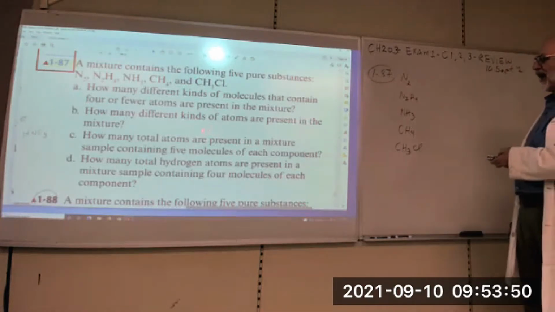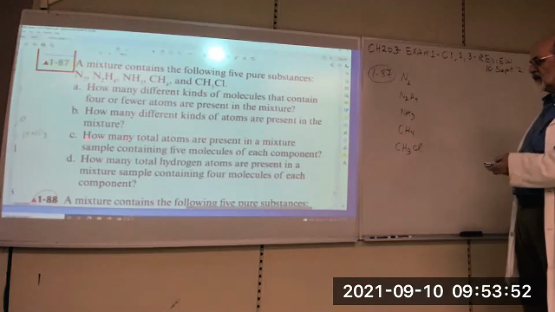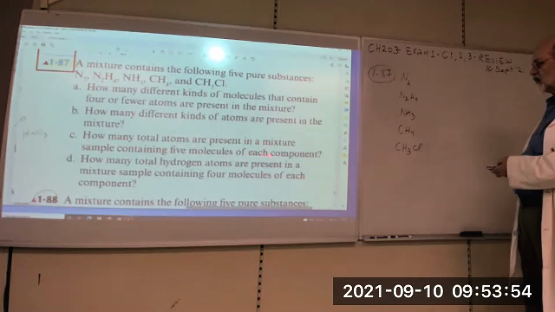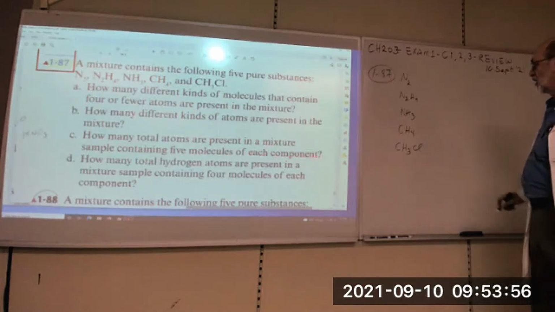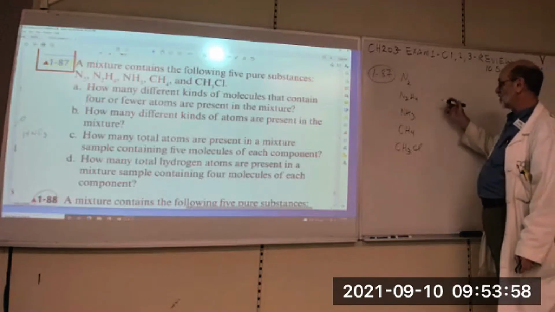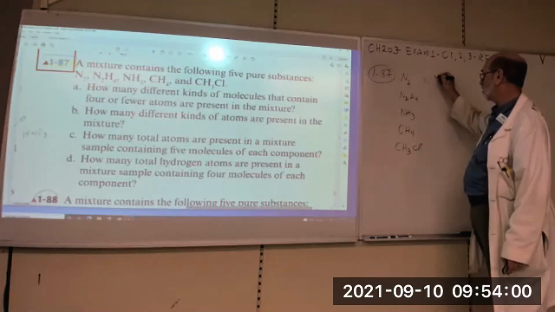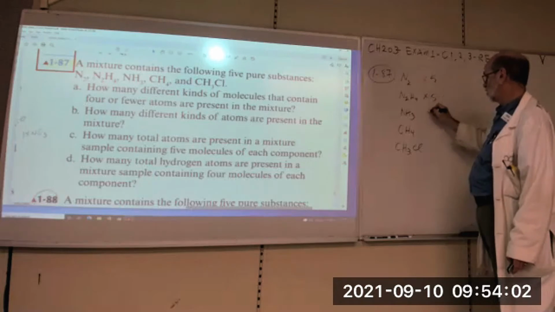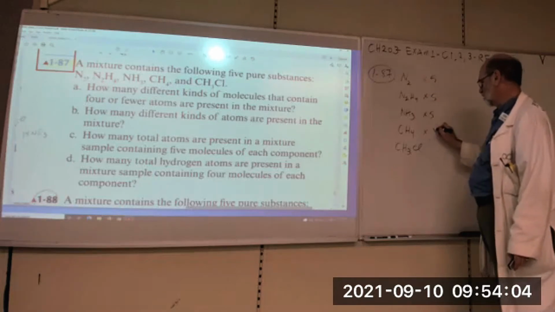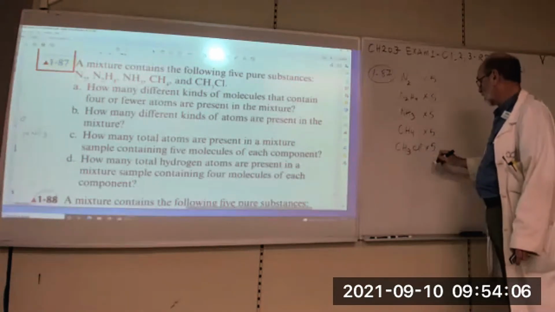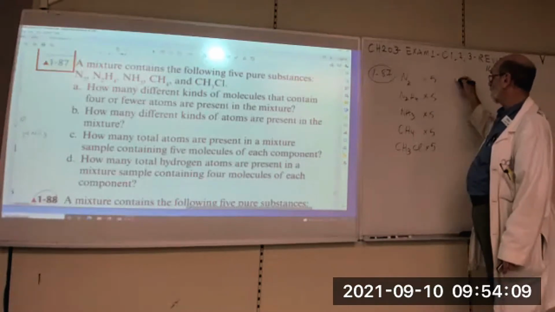How many total atoms are present in a mixture sample containing 5 molecules of each component? So if you've got 5 of each of these, times 5, isn't that what that says? 5 of each, okay? You got 2 here, so that's 10 total.